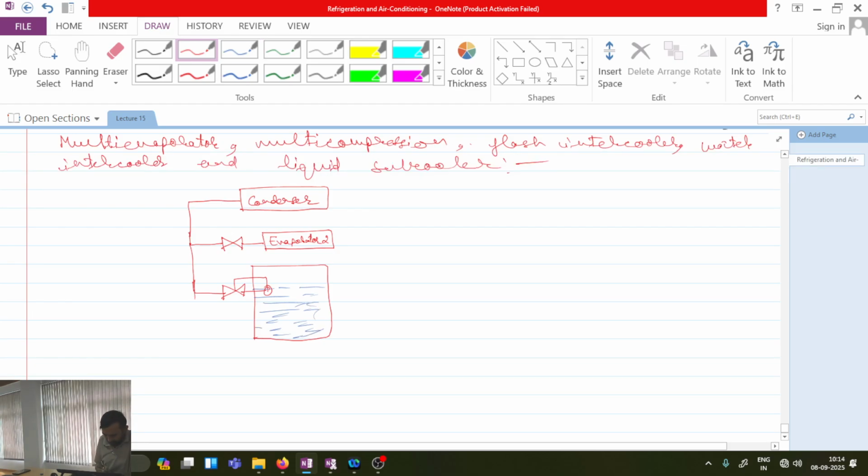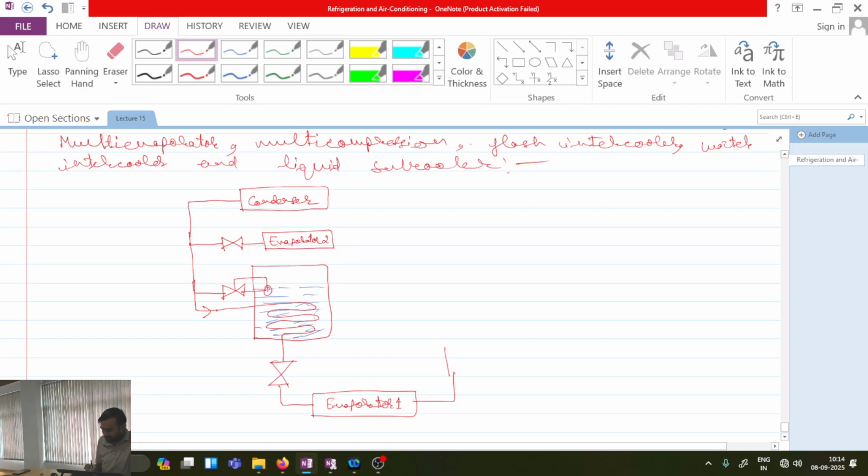Then I will take the remaining portion of the refrigerant and subcool it. After subcooling, I will again use an expansion valve, which will then go to evaporator 1.